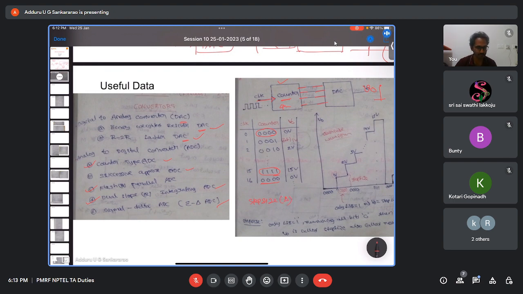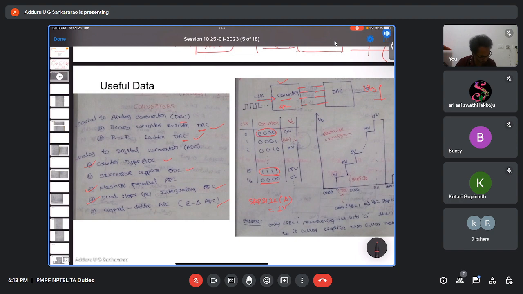In terms of step size, the output of the DAC will be incremented. Let us say the step size is 1 volt, for example.